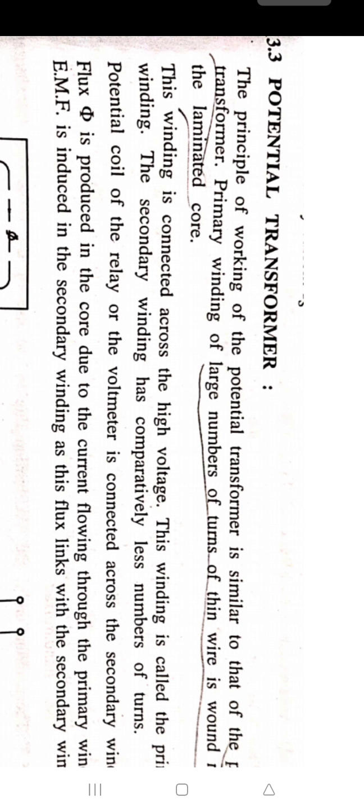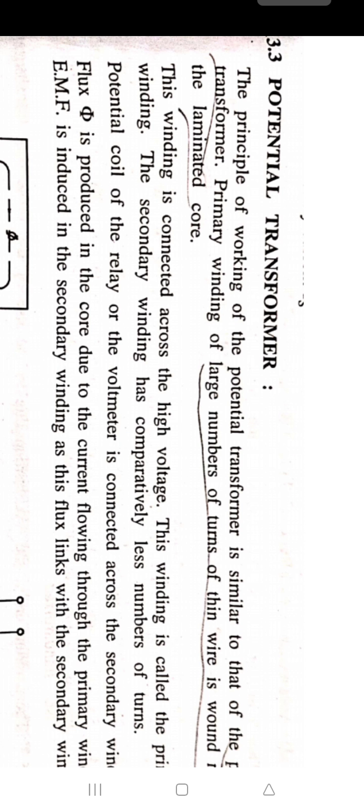In this way we can remember that on the high voltage side winding we need to use a large number of turns of thin cross-sectional area, right? So in a current transformer the secondary side is the high voltage side, so we keep thousands of turns of thin wire on the secondary side.